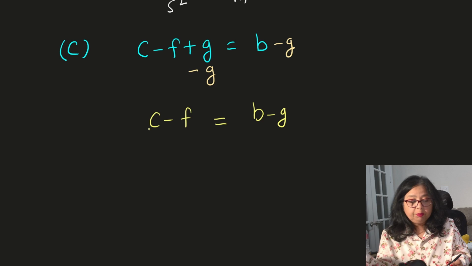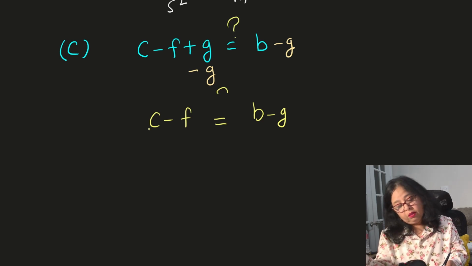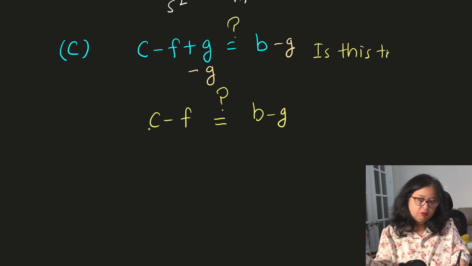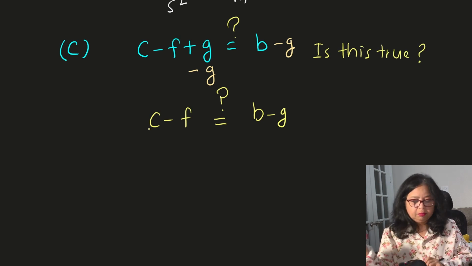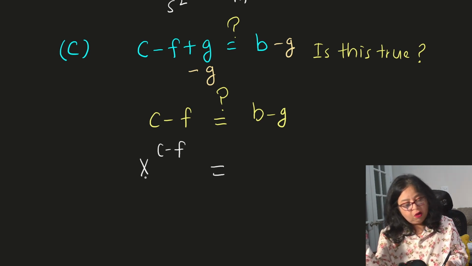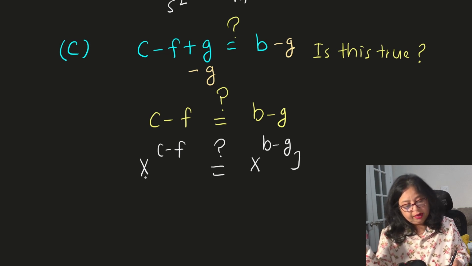Now should I be putting this equal sign? Well, I do not know. Is this true? Just like before, I'm going to raise x to the power c minus f on the left hand side and x to the power b minus g on the right hand side.